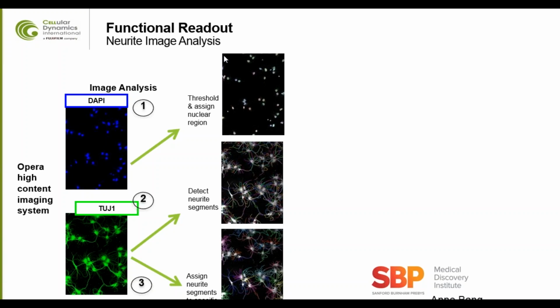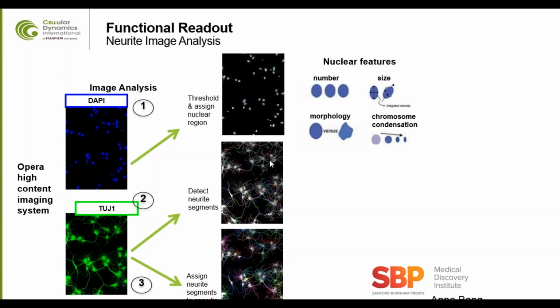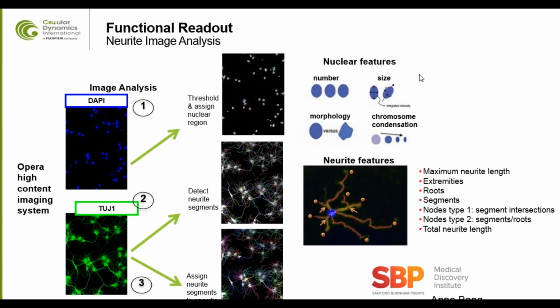So it's fairly straightforward, where you acquire an image, you detect the various aspects of the neurons, and then you pull out a variety of features, including nuclear features, as well as neurite features. The point is, you're able to quantitate these previously qualitative aspects.